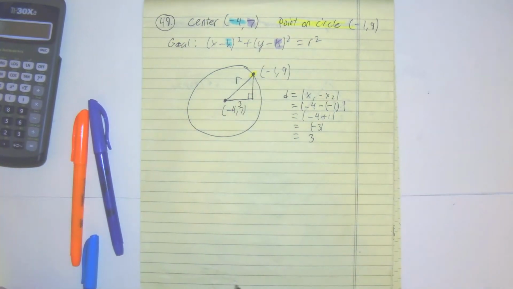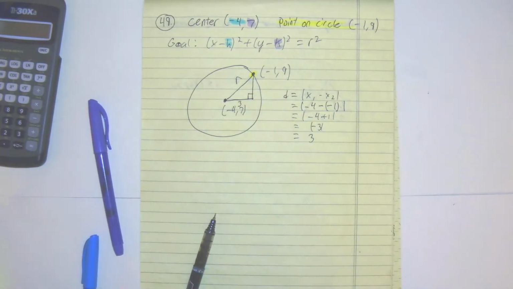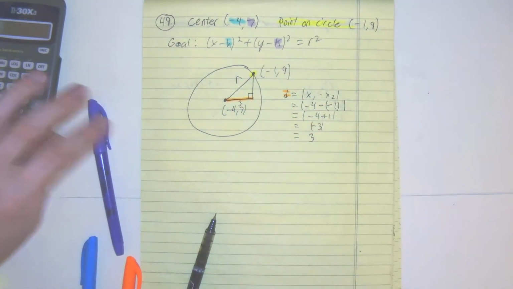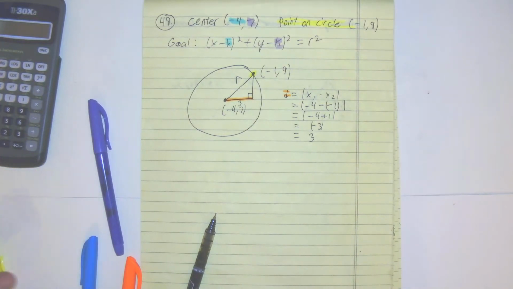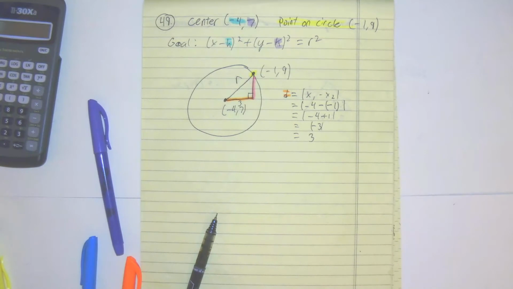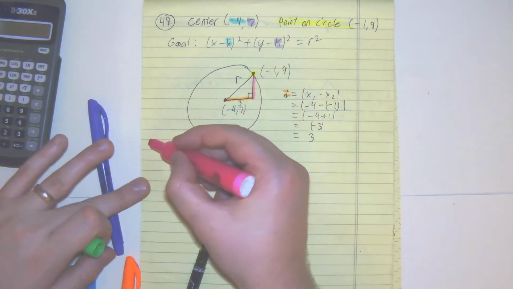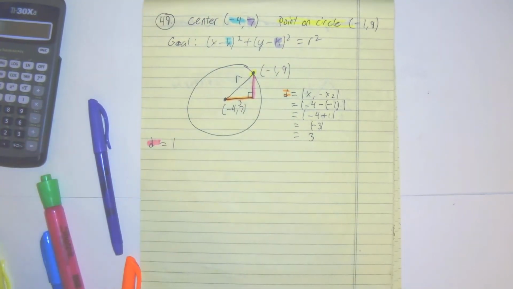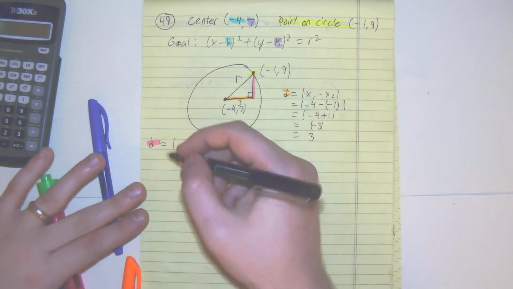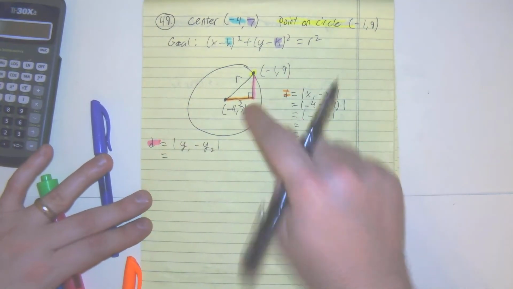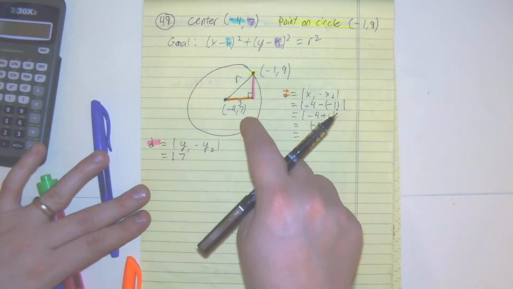Now we're going to find the distance between the y's. The distance using the ruler postulate is the absolute value of y1 minus y2, which we get 7 minus 9.